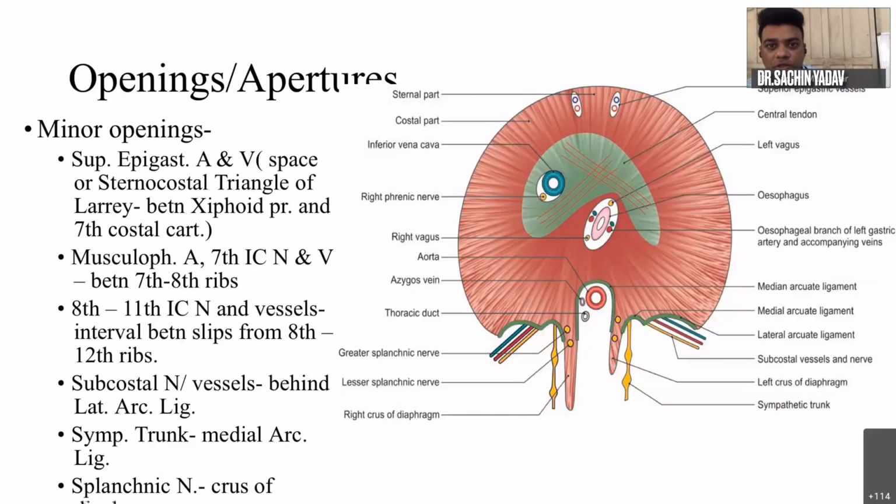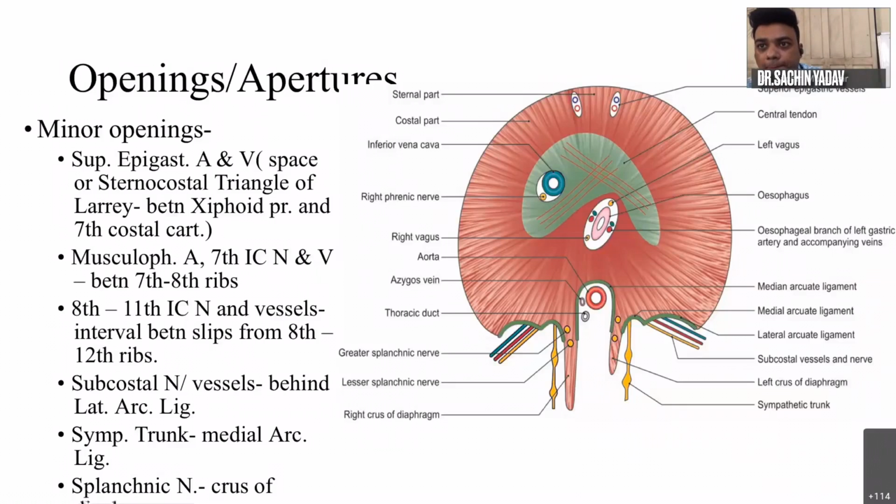And the sympathetic trunk is passing through the side of the medial arcuate ligament. Okay, and this branch, you can see they are transmitting through the crus of the diaphragm. The azygous vein and the thoracic duct and the aorta pass through the aortic hiatus.